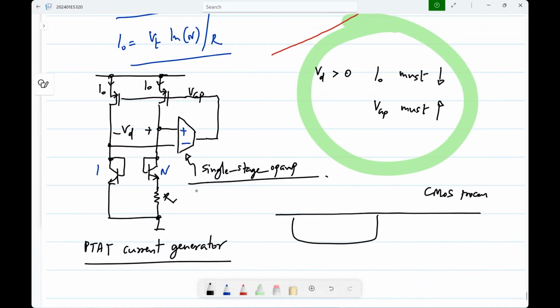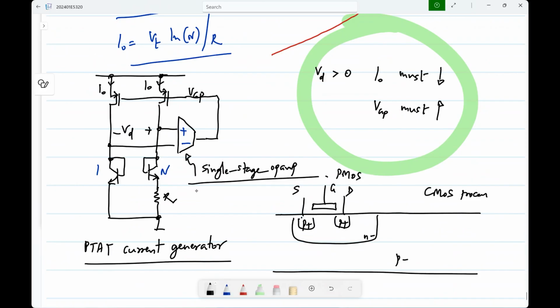To make PMOS transistors, we have an N well in a P substrate, and this is our PMOS.